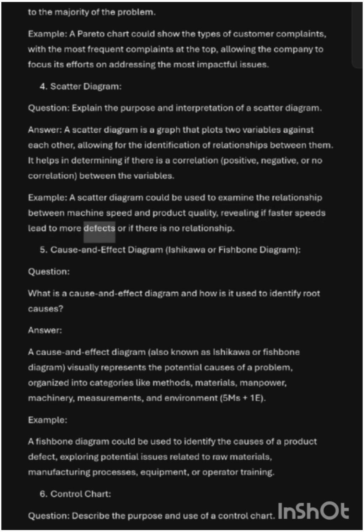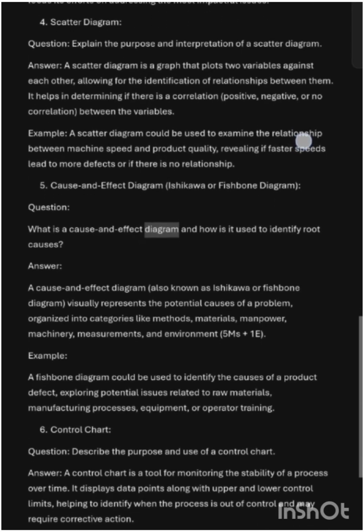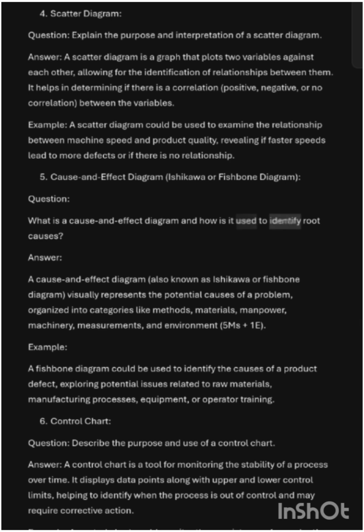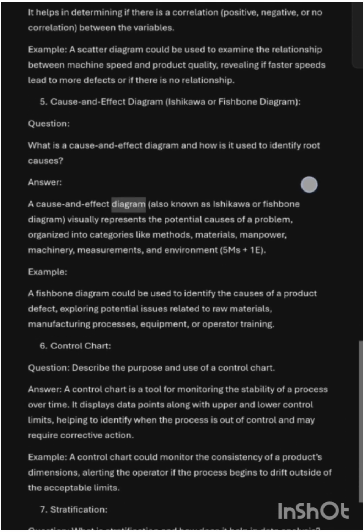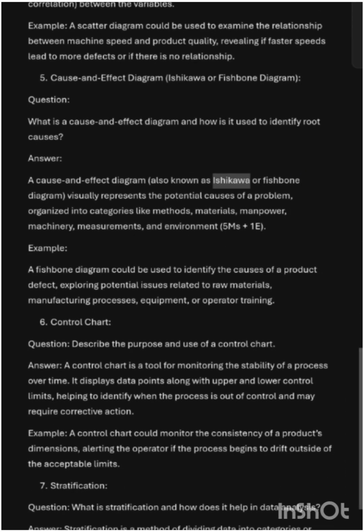5. Cause and effect diagram, Ishikawa or fishbone diagram. Question: what is a cause and effect diagram and how is it used to identify root causes? Answer: a cause and effect diagram, also known as Ishikawa or fishbone diagram, visually represents the potential causes of a problem, organized into categories like methods, materials, manpower, machinery, measurements, and environment.